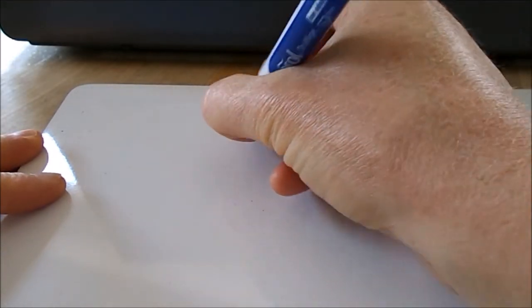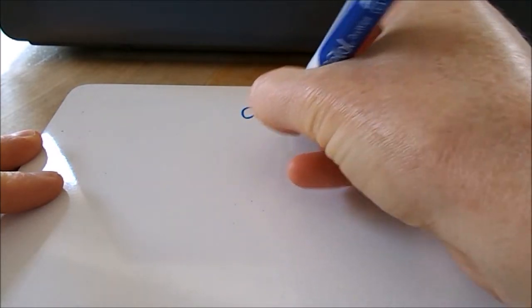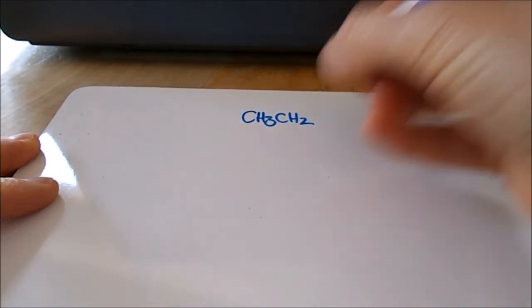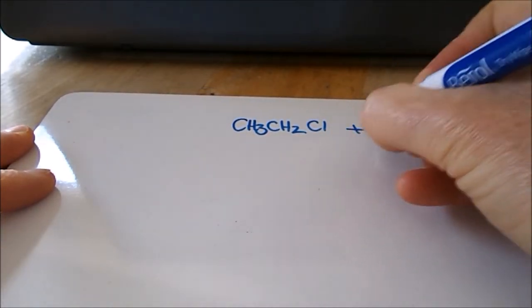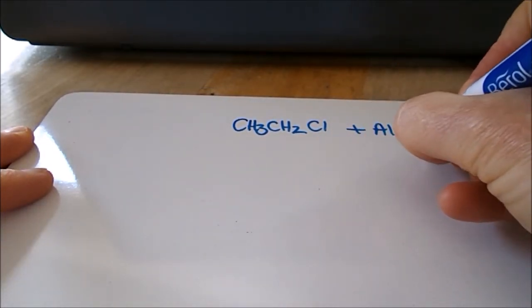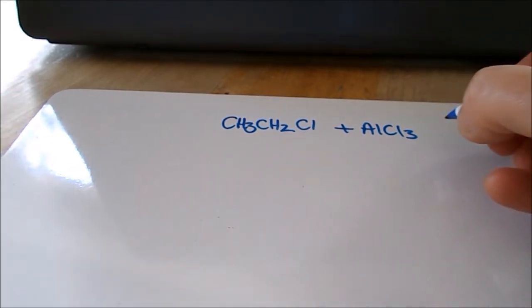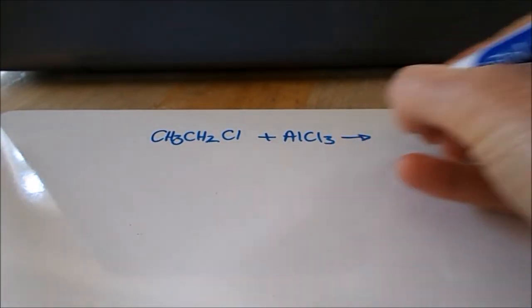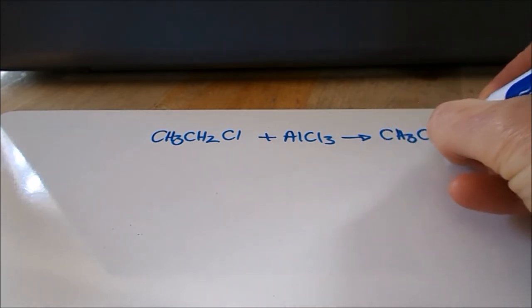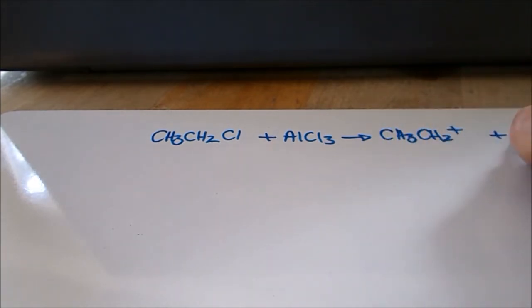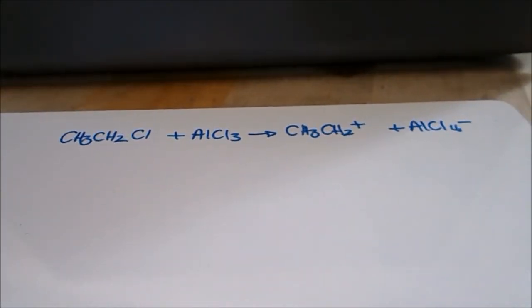Everyone correctly worked out that you're going to need a haloalkane, so chloroethane would be sensible, and that you're going to react it with a halogen carrier, AlCl3, and in doing so you produce your electrophile CH3CH2+, and you've got AlCl4-, so that was great.